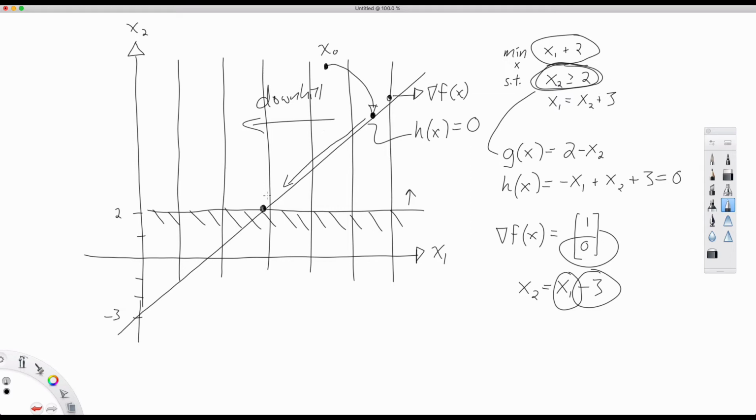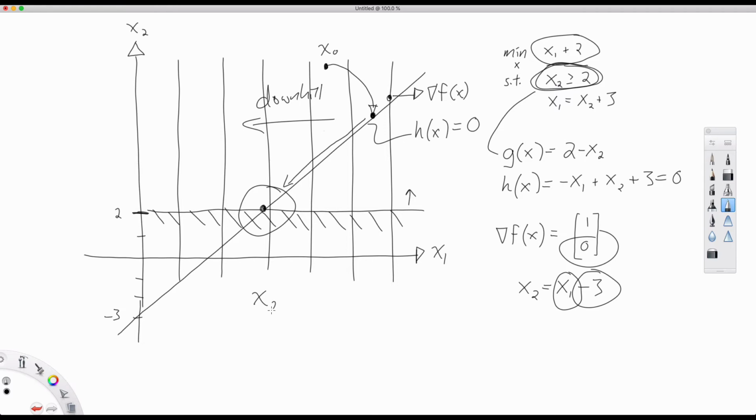We can see that this constrained optimum exists at the intersection of these two lines, where h of x equals 0 and where x2 is equal to 2. Now we can do some substitution.